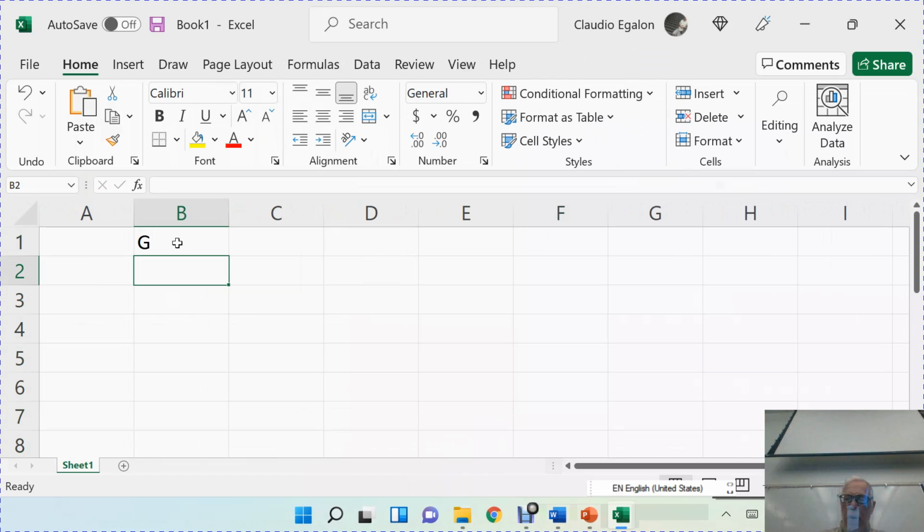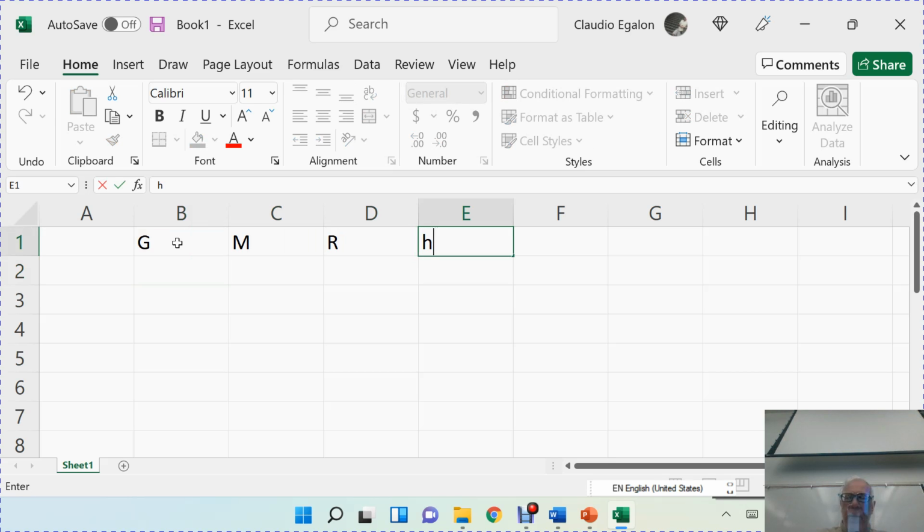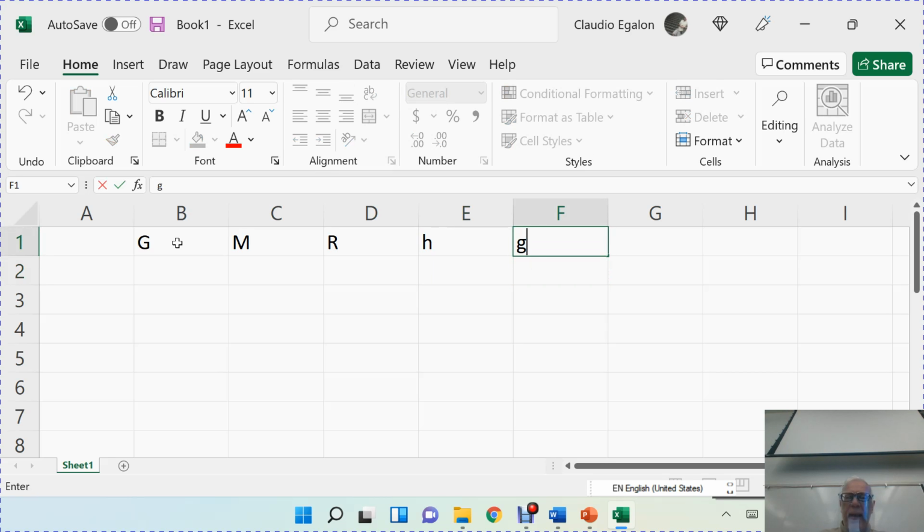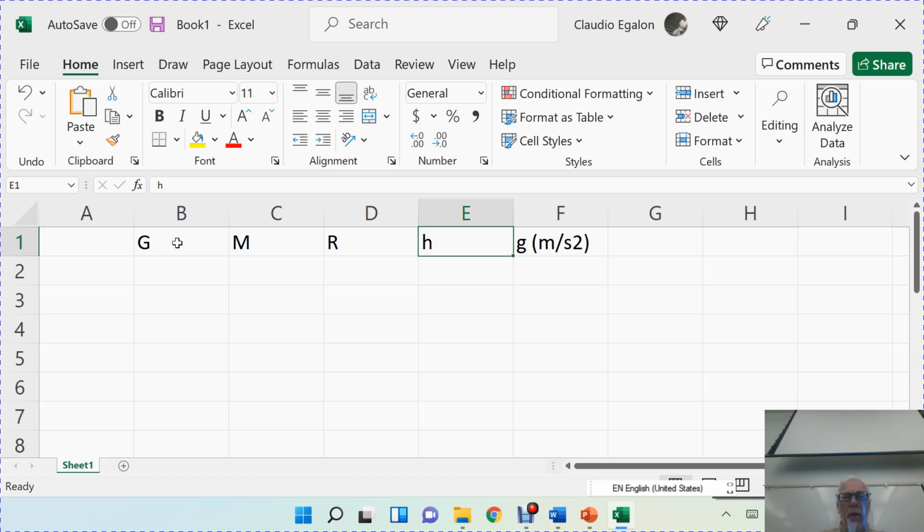We're going to write down the value of big G, the value of big M, and the value of the radius of the Earth. And we're going to calculate the acceleration of gravity in terms of those values, in meters per second squared.